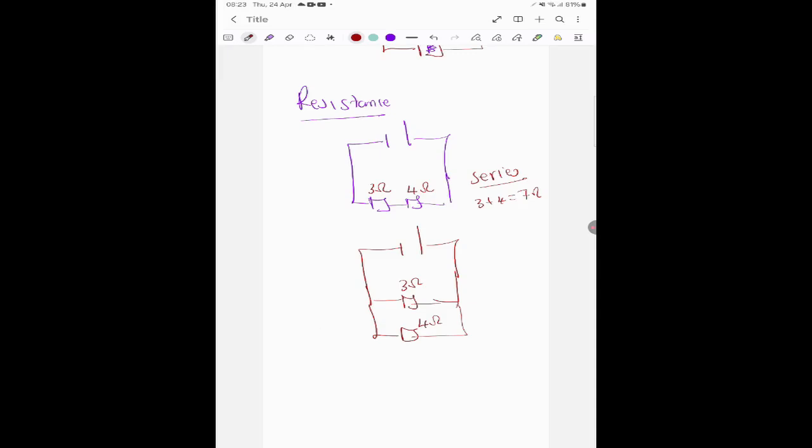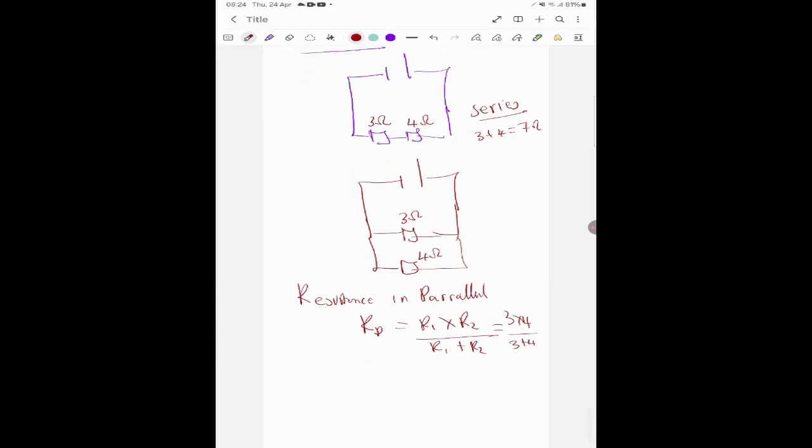Well, the formula to use when they are in parallel: resistance in parallel is equal to R1 times R2 divided by R1 plus R2. Oh, that's interesting, right? So in this case, it would be 3 times 4 over 3 plus 4. And here's an interesting thing.